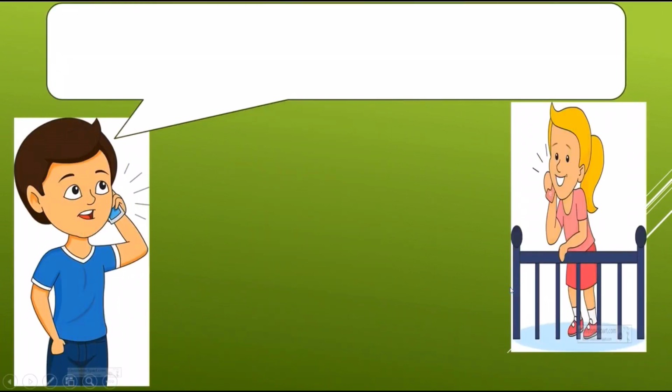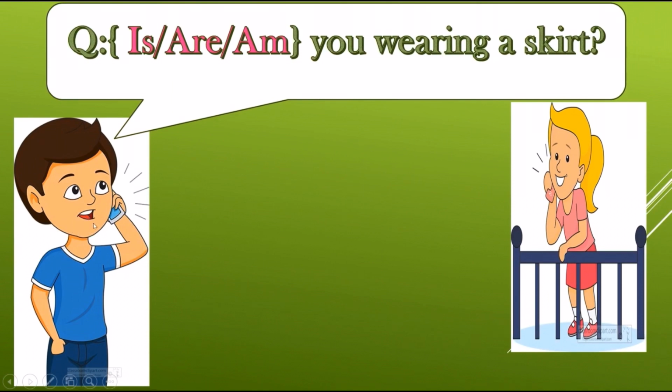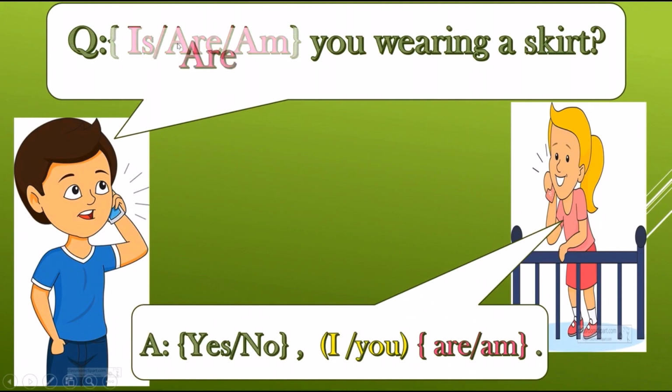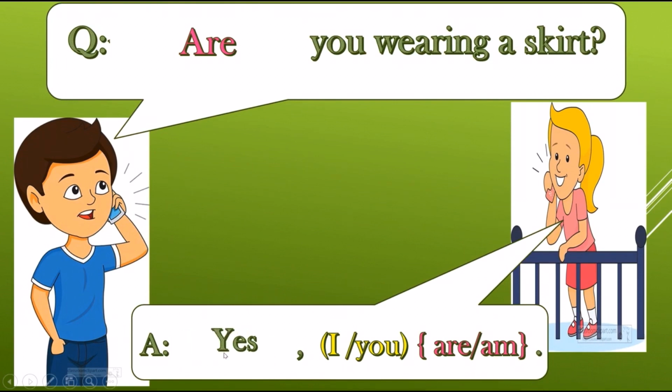Okay, how about this? So, he asked her, are you wearing a skirt? So, what would be the correct question word? Is it are, is it am? The correct question word is are. Why? Because the subject is you. Okay? Next, the answer. So he asked her, are you wearing a skirt? And what did she say? Yes or no? You have to say yes.